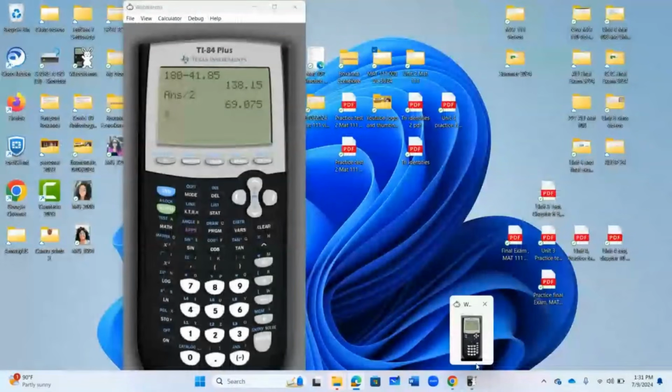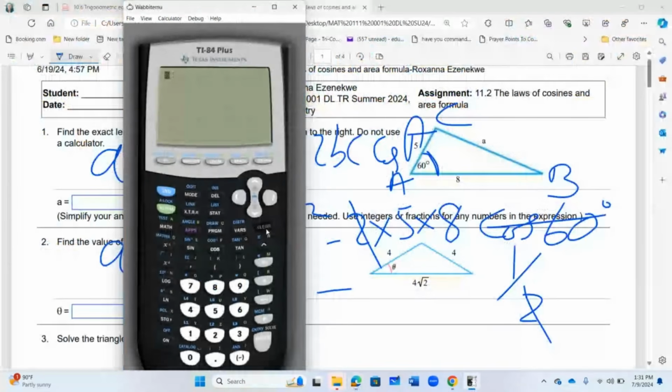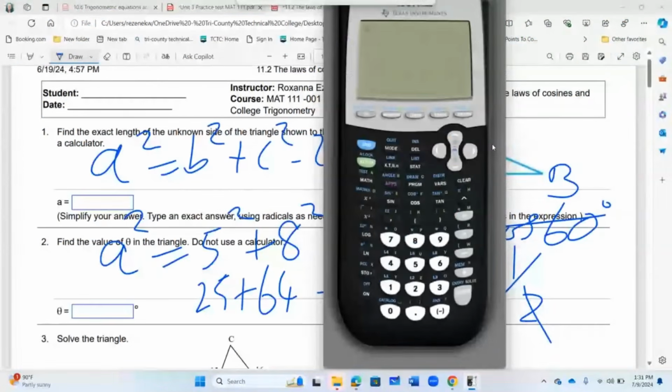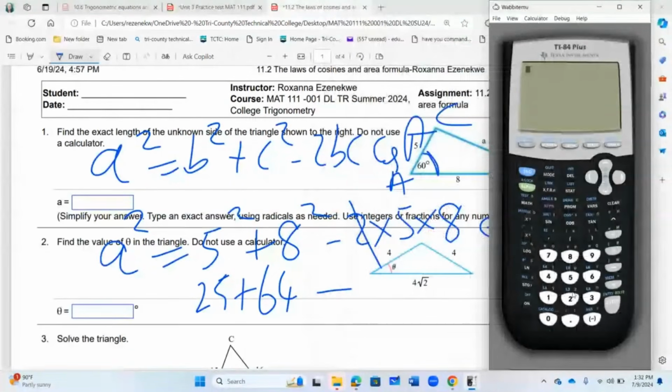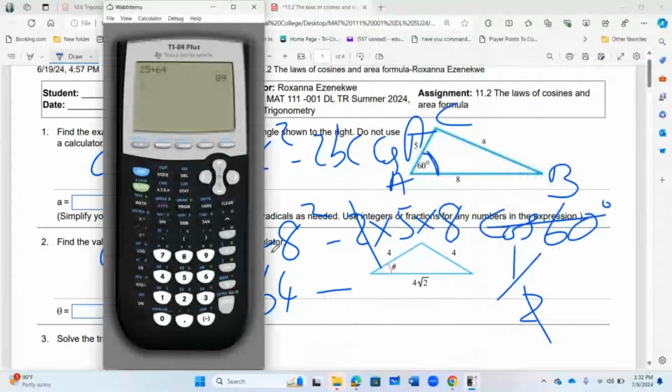All right. So I have 25 plus 64, okay, and then minus 5 multiply 8.